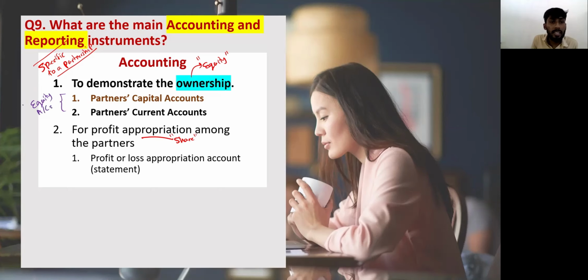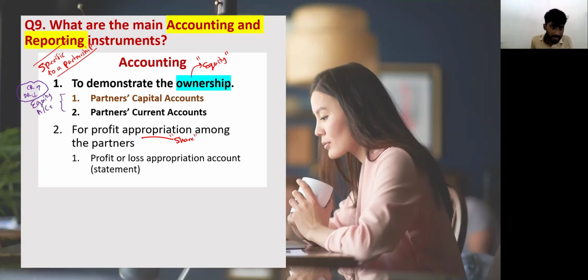If those two are equity accounts, how to record the increase of the equity and decrease of the equity? Increase of the equity is a credit, decrease of the equity is a debit. So credit to increase, debit to decrease.